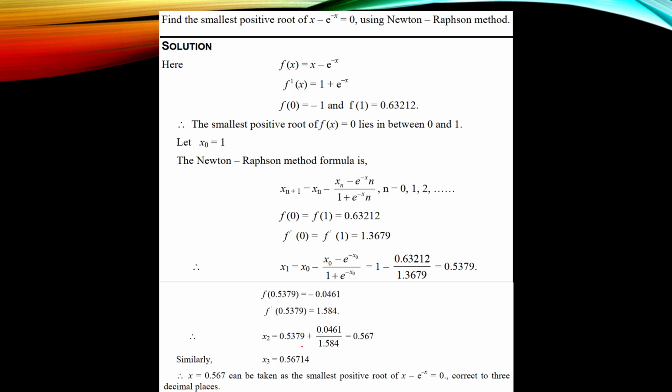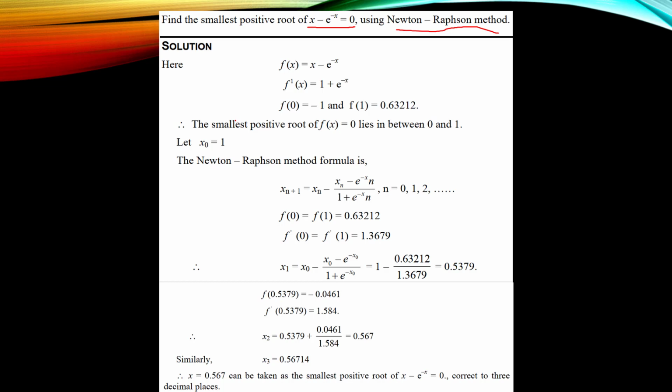Similar problem for a better understanding. Find the smallest positive root of x minus e raised to minus x is equal to 0 by using the Newton-Raphson method.